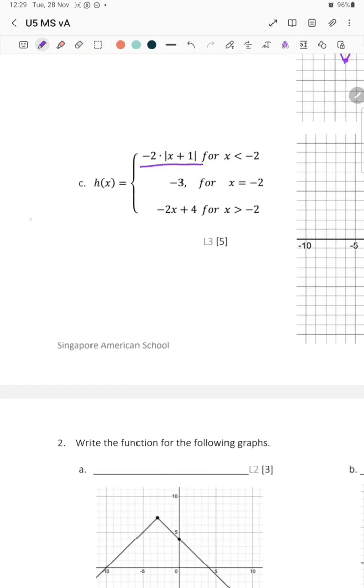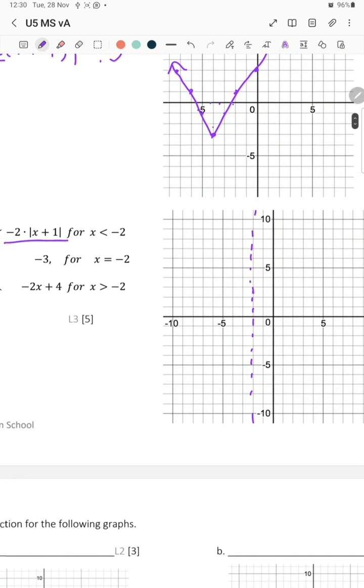So it's going to be an absolute value function, and according to the vertex it is at (-1, 0).